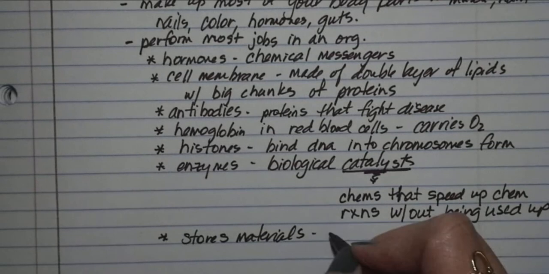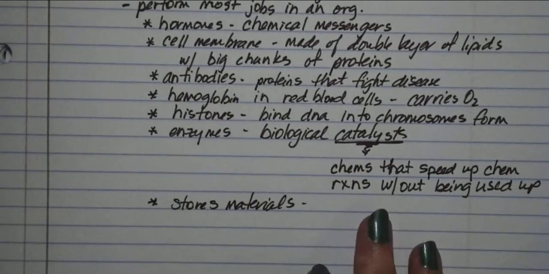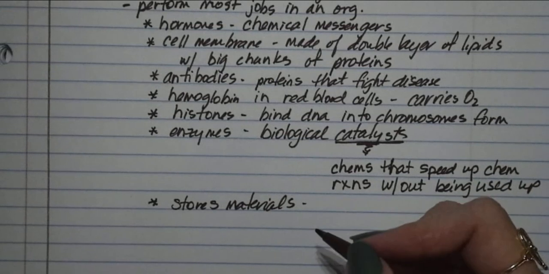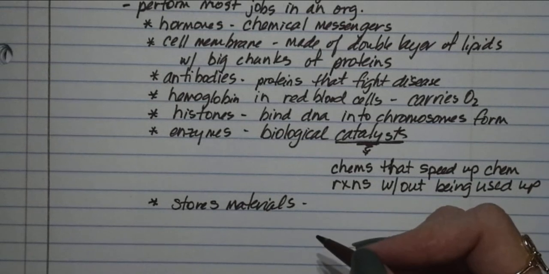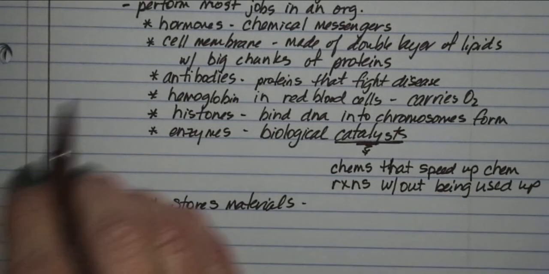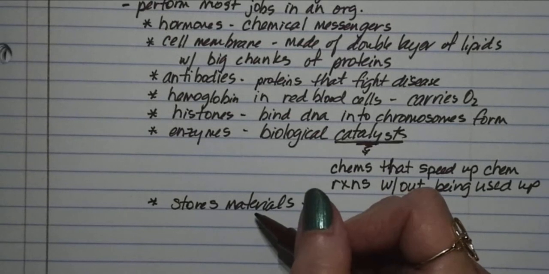So iron, pure iron, is toxic to you. When your body gets it, it stores it as a part of another compound, and a lot of times it's protein that stores that excess iron. So you have it there when you need it, but it's not just straight iron, because that's going to be poisonous to you. So it stores materials needed by the organism.